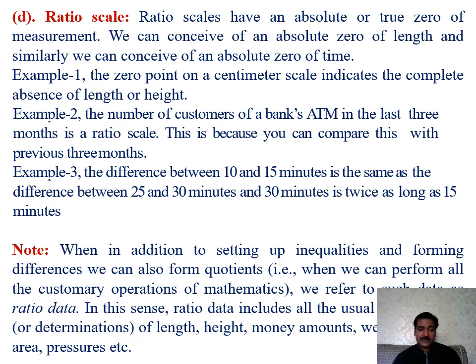It means here we can apply all the four mathematical operators: addition, subtraction, multiplication, division. All the four mathematical operators can be applied in case we have collected the information on the ratio scale.